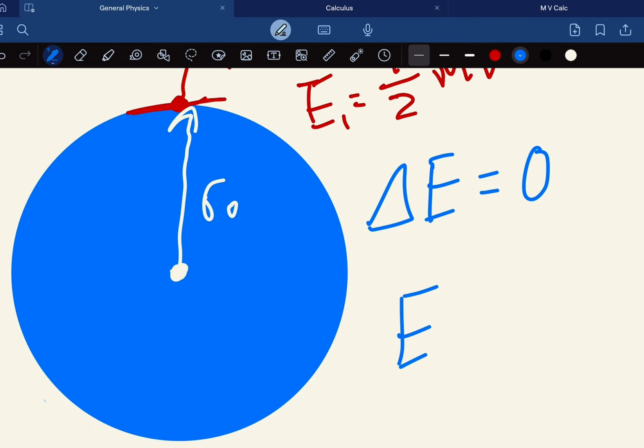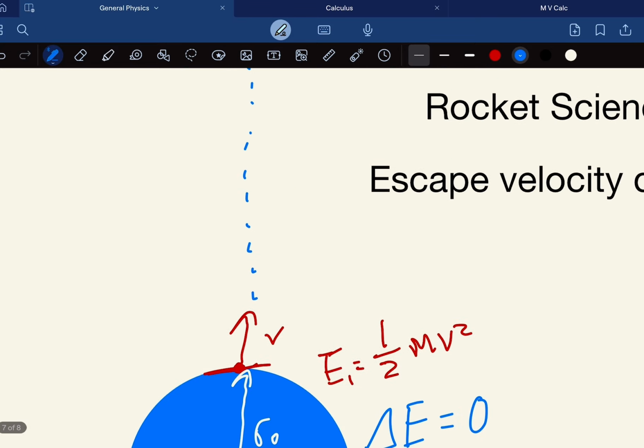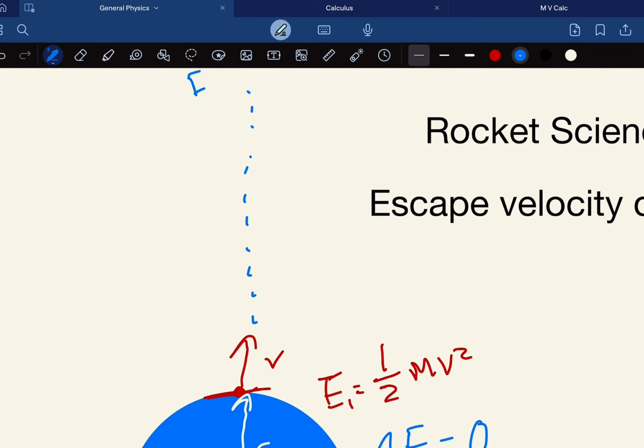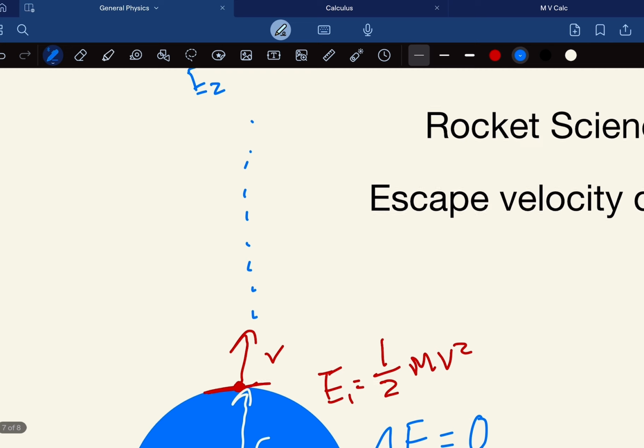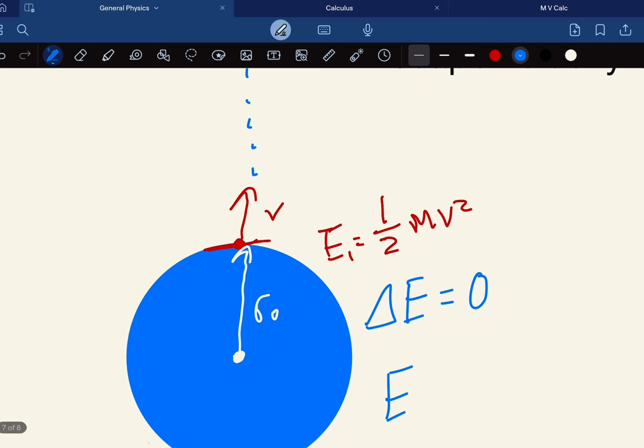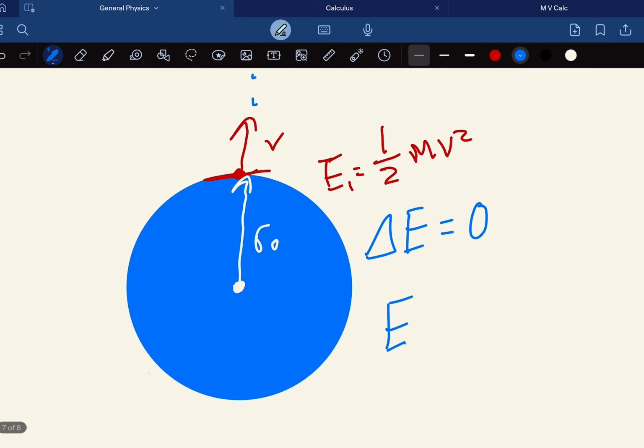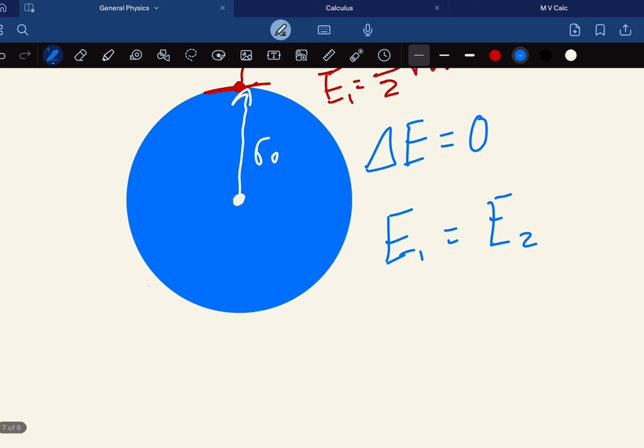So, let's say we have that point infinitely far away be our E2, where there's only gravitational potential energy. Then we know E1 equals E2, which means our potential gravitational energy is equal to 1/2 mv squared. This is v, not r. Now let's call this mass of the object launched.